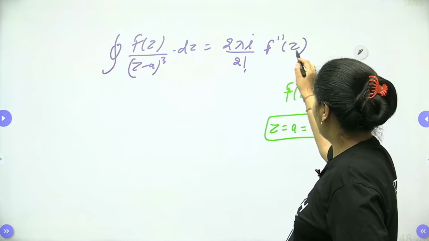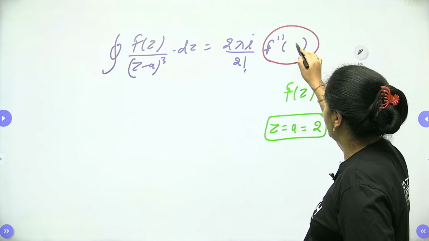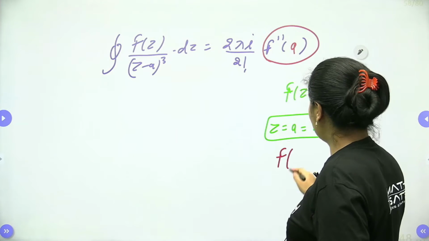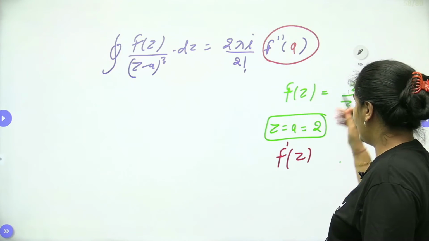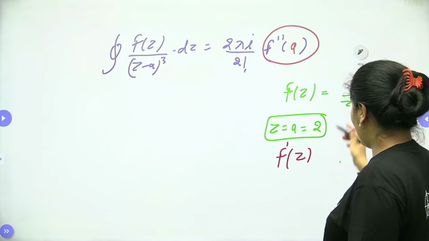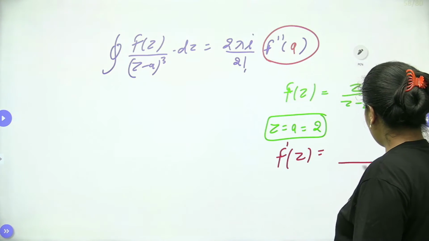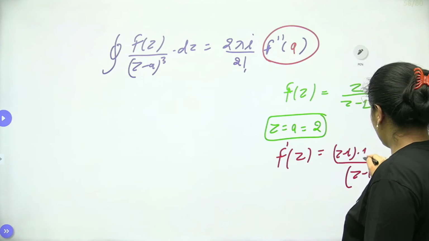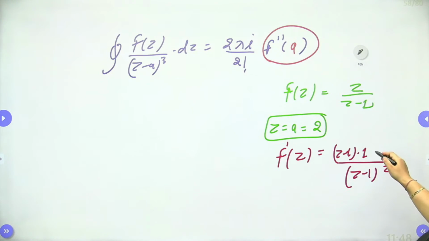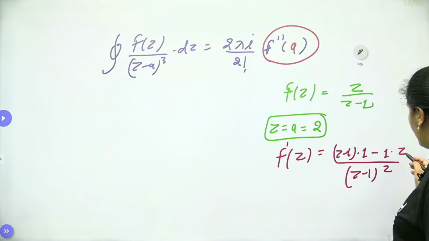So we have to find out f double dash a. Now let's find f dash z from here. When we find f dash z, it will be (z minus 1) whole square in the denominator, with (z minus 1) into 1 minus z into 1 in the numerator.